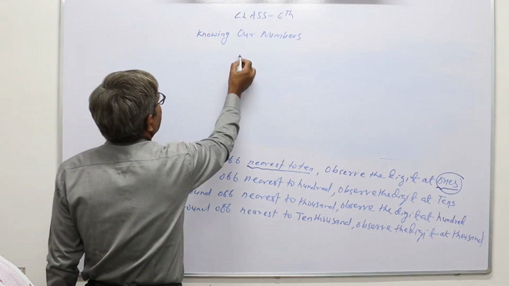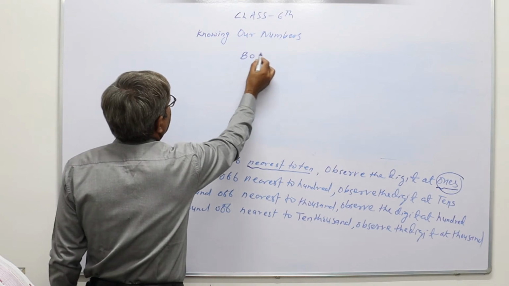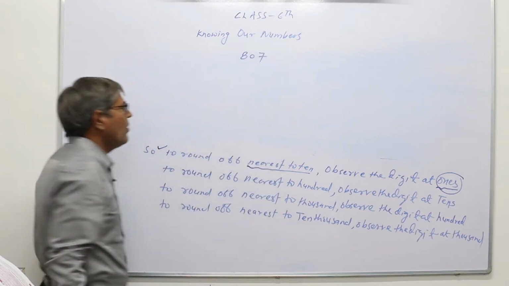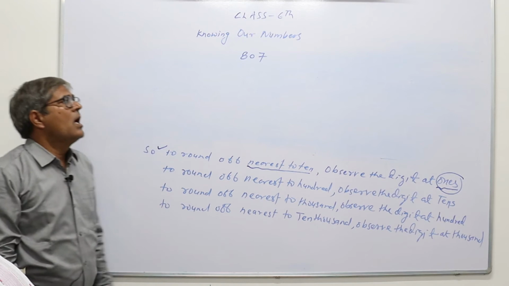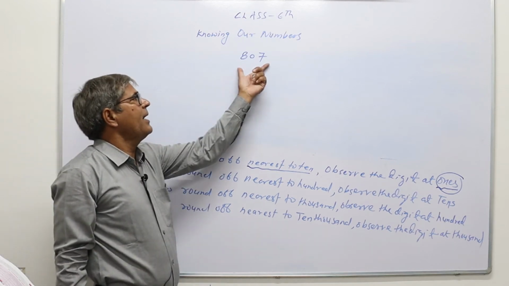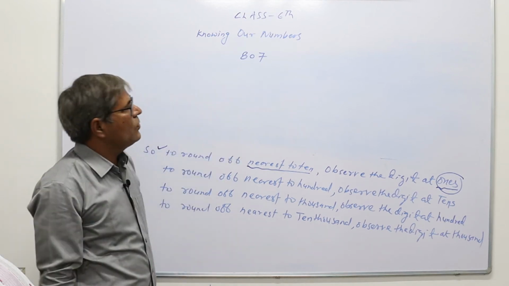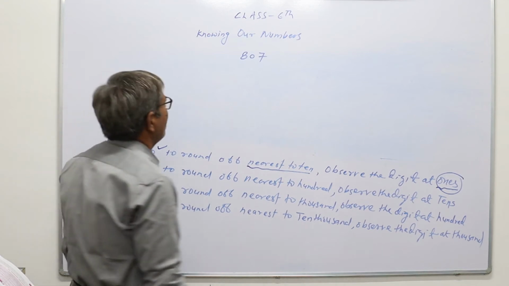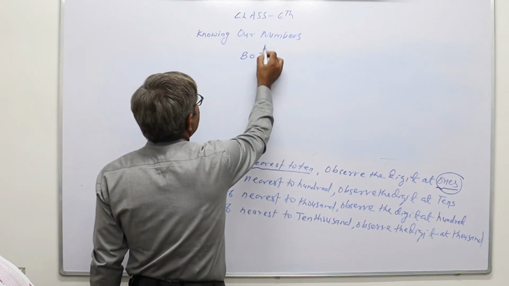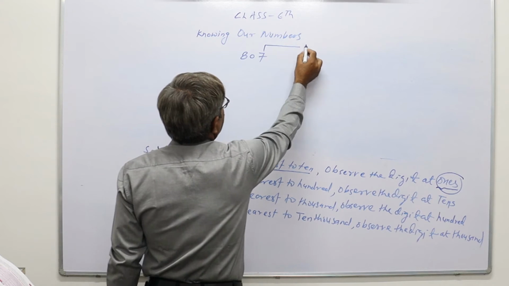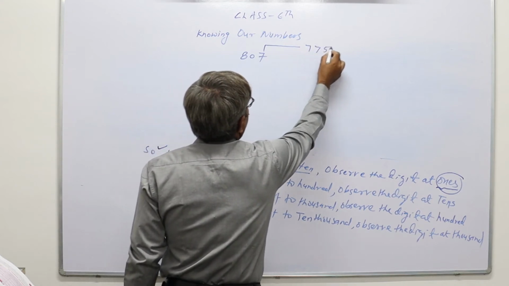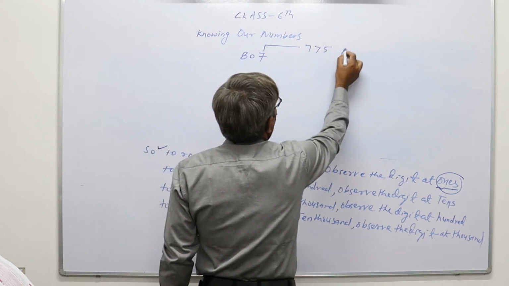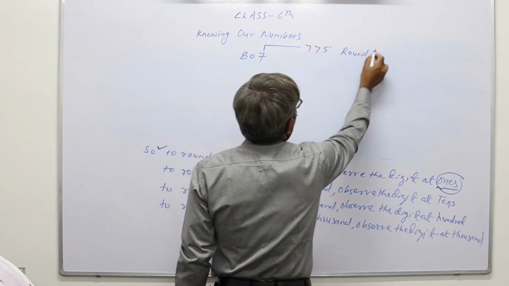Let the number given be 807. You have to round off this number to the nearest 10. Again, to round off to the nearest 10, first we will observe the digit at ones, and here the digit at ones is 7 and 7 is greater than 5. So we will round up.